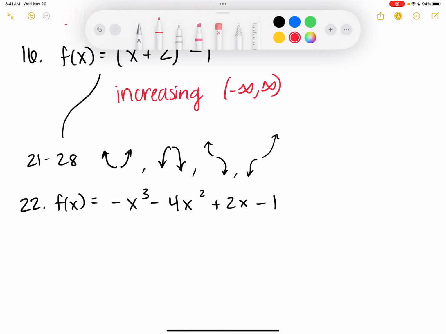So I'm going to look at the limit as x approaches negative infinity of f of x and the limit as x approaches positive infinity of f of x.